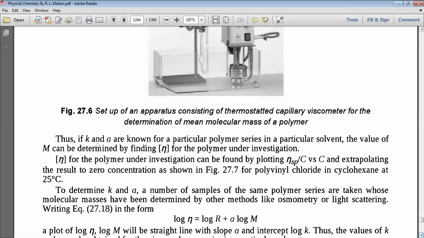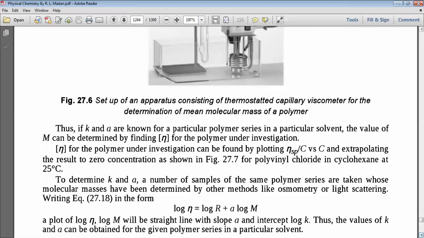If K and a are known for a particular polymer series in a particular solvent, the value of M can be determined by finding [eta] for the polymer under investigation. [eta] can be found by plotting eta sp by c versus c and extrapolating the result to zero concentration as shown in the diagram below.